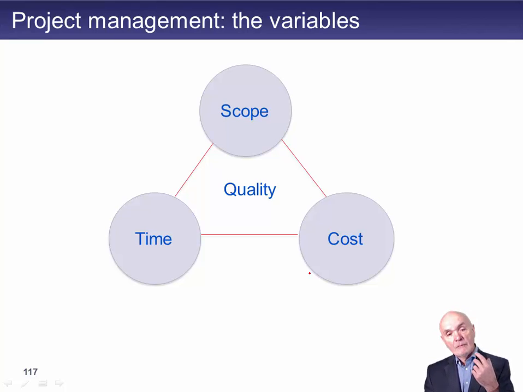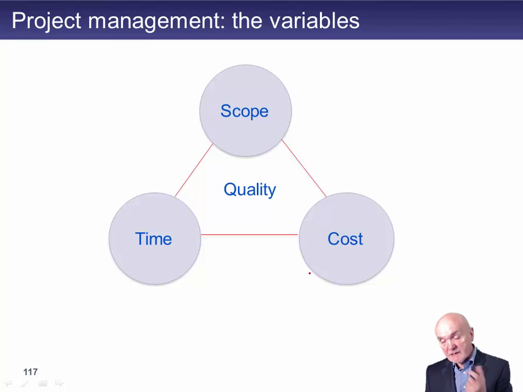Now, really the diagram is saying you've got these four things to balance here. And in any given project, one of these can muscle its way in. So if, let's say, the project is to change your IT system because the government has brought in a very complicated new system of income tax for your employees, and this system of income tax must be implemented by the 1st of January.